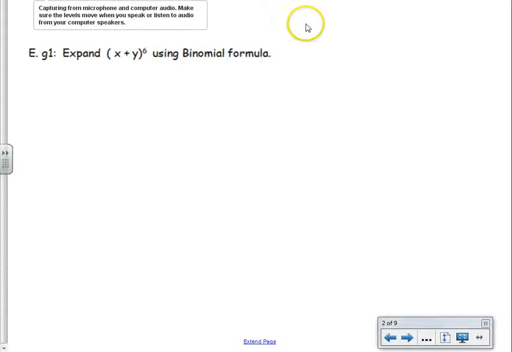Our first step is to write our sigma notation. So sigma goes from k equals 0 up to 6. This number right here is always going to be our n if we're expanding. And then in the combination, we're going to do a general form of 6 taken k at a time.